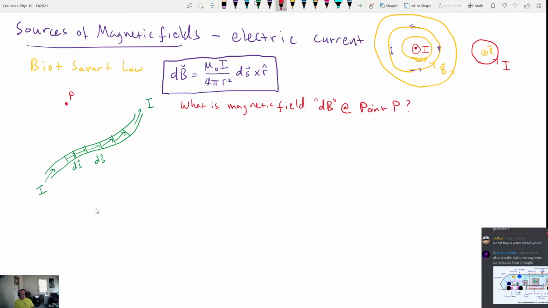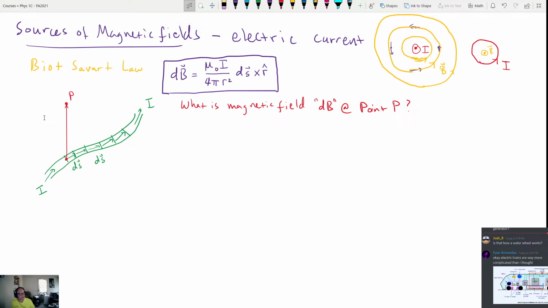Okay. Now I'm going to use this ds vector right here. And what I'm going to do first is draw an arrow from ds up to the point P, like this. And we're going to call that, you want to guess what I'm going to call this?